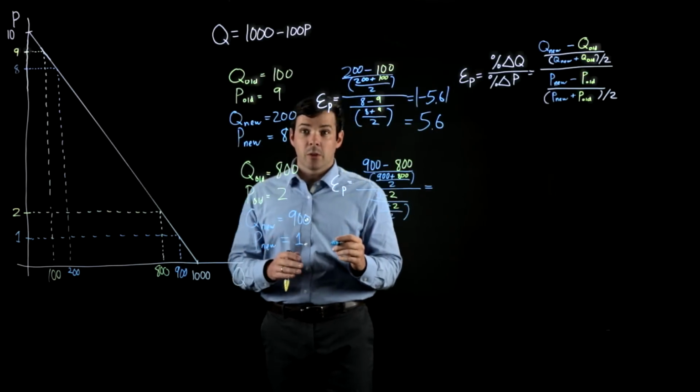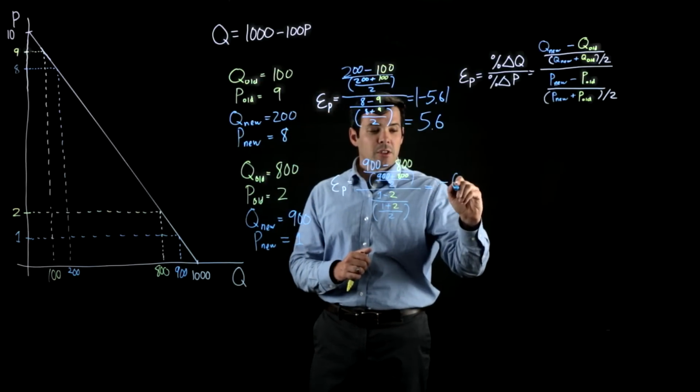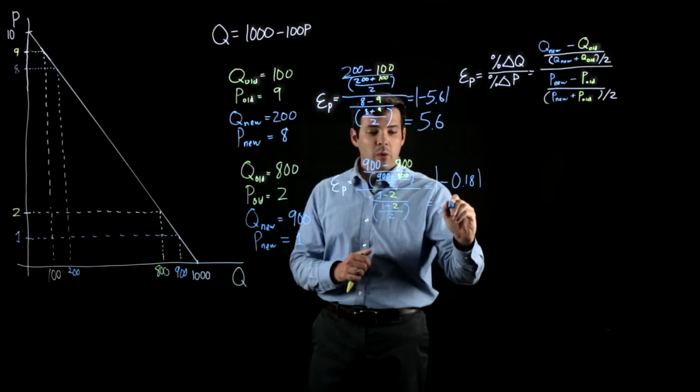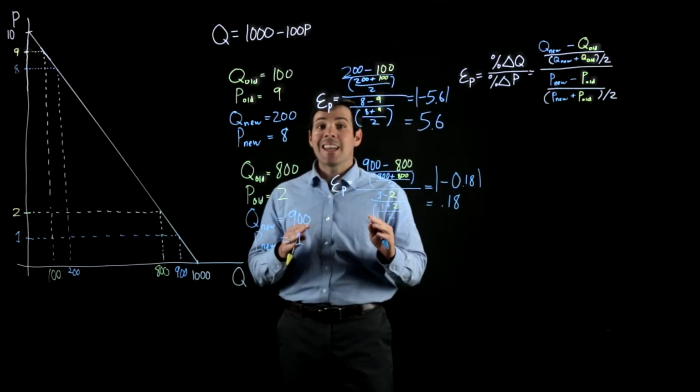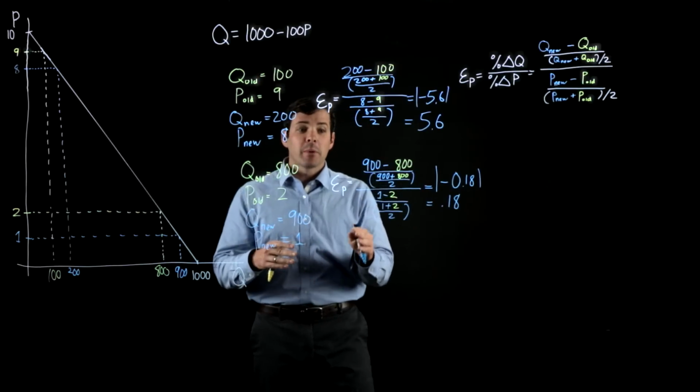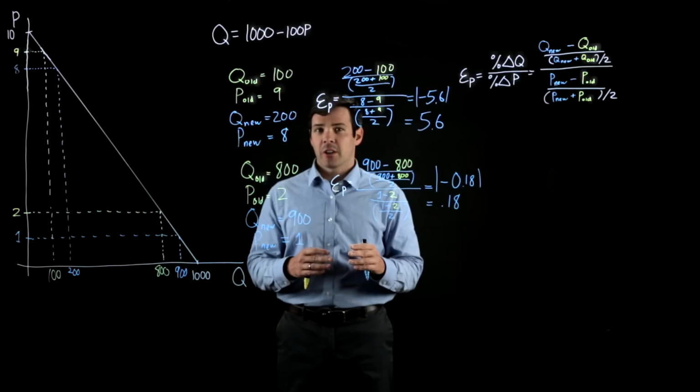And this works out to about negative 0.18. Remember, we're taking absolute values, so that's about 0.18. This is very inelastic demand. The price changed by a lot as a percent, but the quantity demanded didn't change very much as a percent.